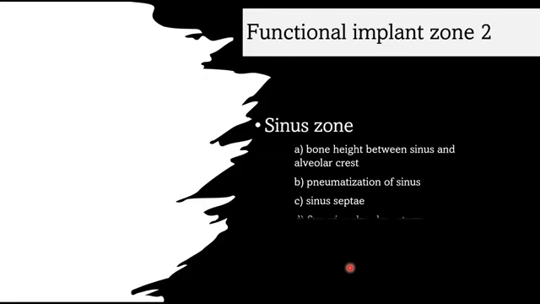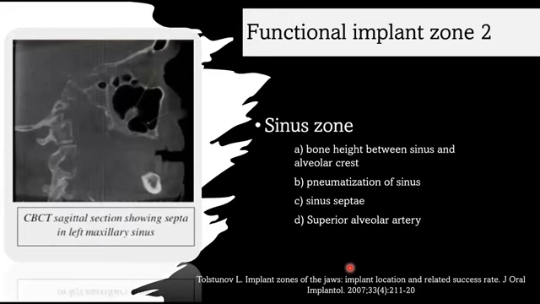The functional implant zone 2 is the sinus zone, located at the base of the maxillary sinus, and CBCT is indicated in this region to evaluate bone height between the floor of the maxillary sinus and the alveolar bone. When a tooth or teeth are lost in this region, it leads to pneumatization of the sinus into the area which was initially occupied by the tooth or teeth.